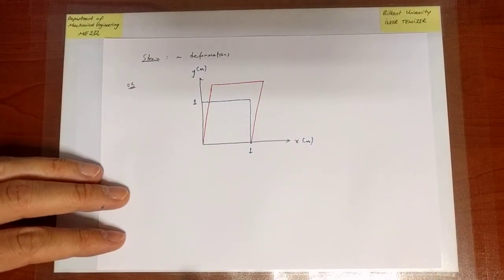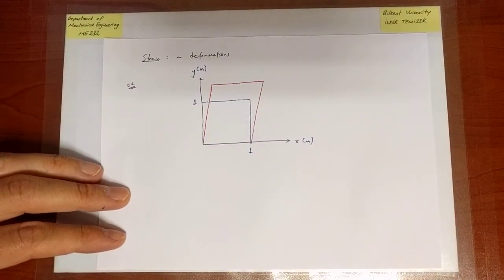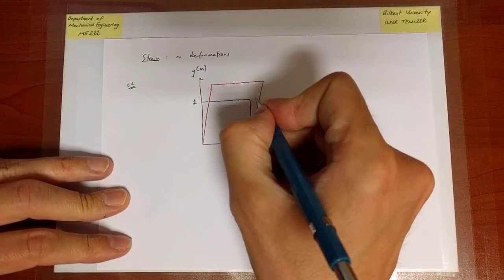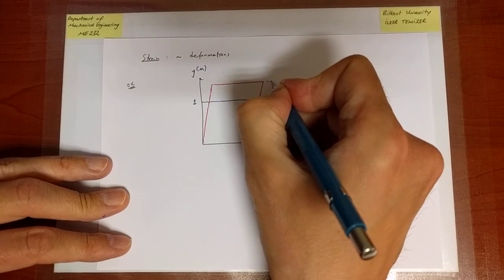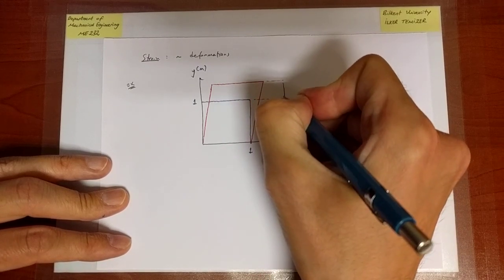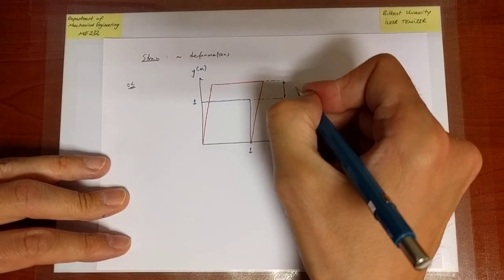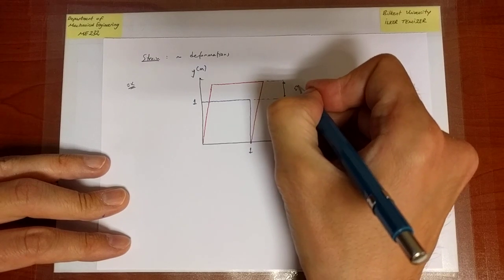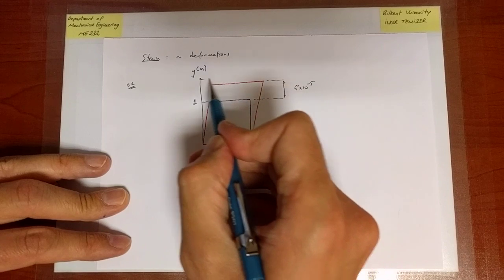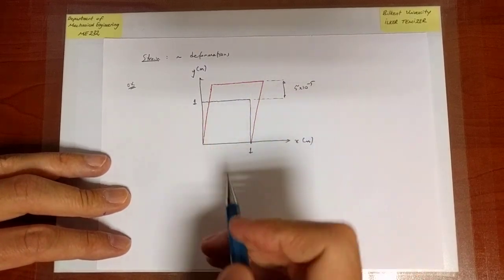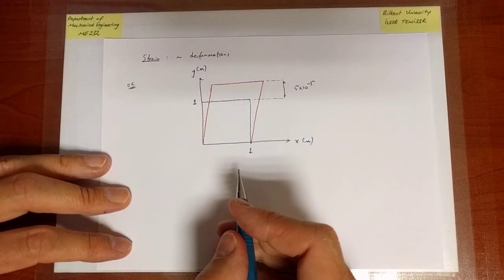Okay, and we know, let's say, the exact amount through which deformation occurs. So in particular, this distance is 5 times 10 to the minus 5 meters. Of course, I am exaggerating the extent of deformation.